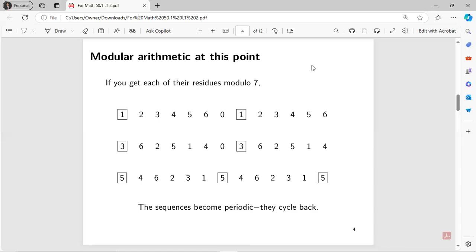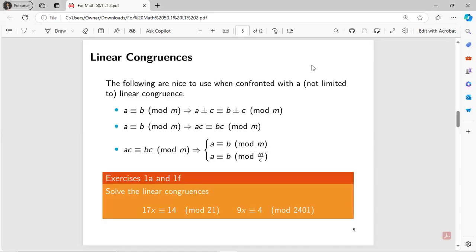So let's start first at linear congruences, which I think will be one of the first items in the LT. The following are nice to use when confronted with a linear congruence. Actually, it's not far from an equation.